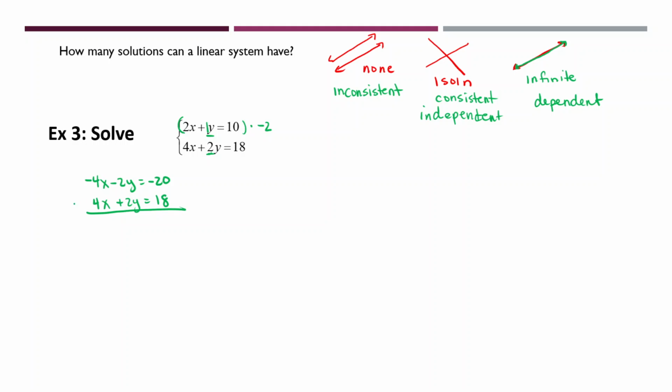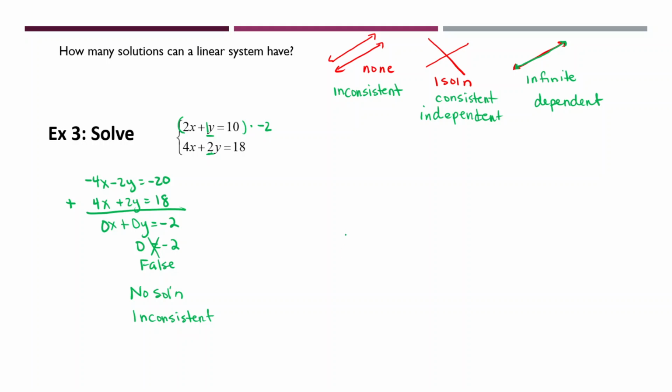And then I'm going to add the 2 equations together. And notice I get 0x plus 0y equals negative 2. So what I really have is 0 equals negative 2. Now this is a false statement, so there is no solution. This system has no solution, so therefore it is inconsistent.